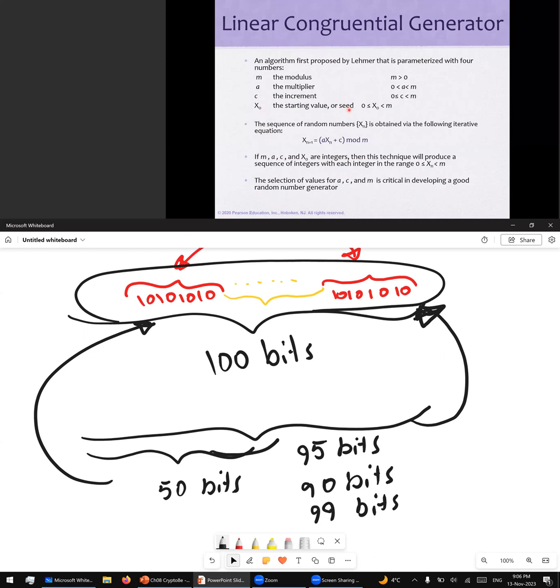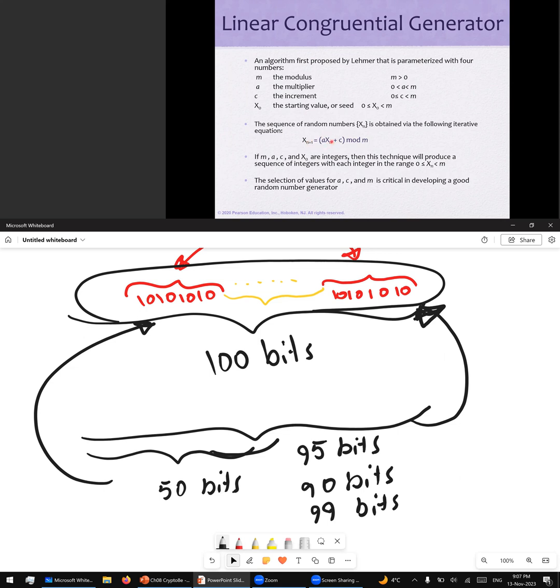The way it works is that you give the seed to this equation over here. You multiply it by a, add c to it, and then you take modulo m, and that's going to be your random value. Then you put this back in again, multiply by a, add c, and then modulo m, get your second value, and so on. This just keeps going and going.